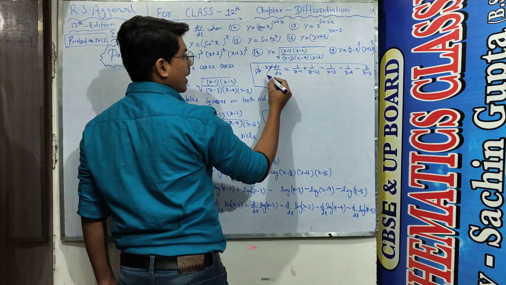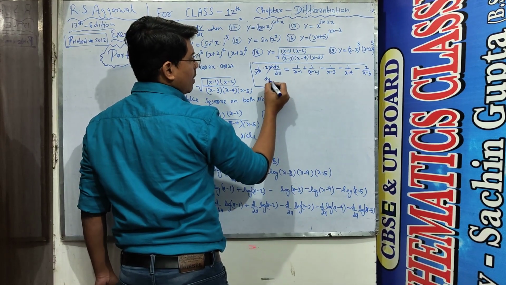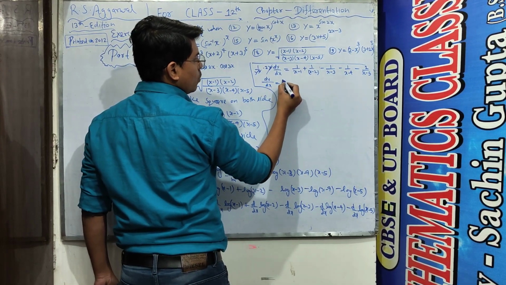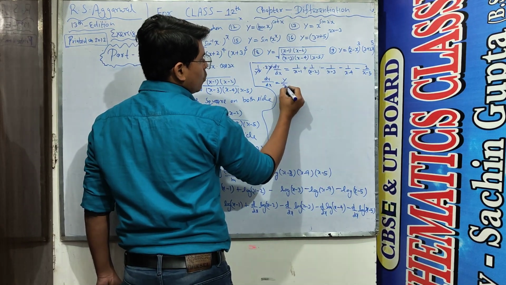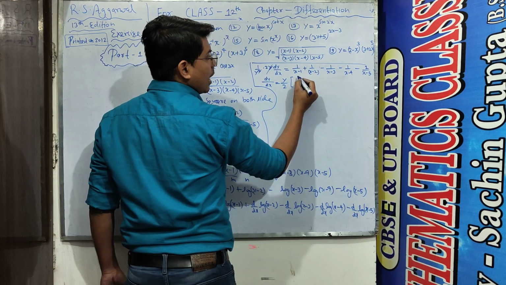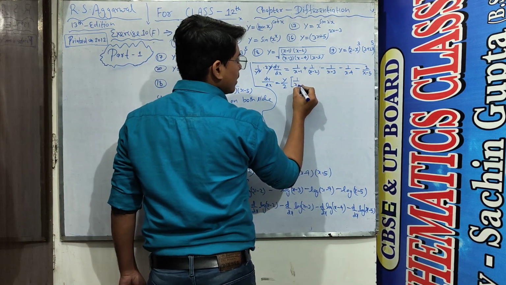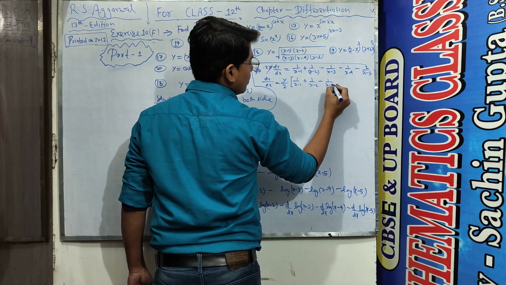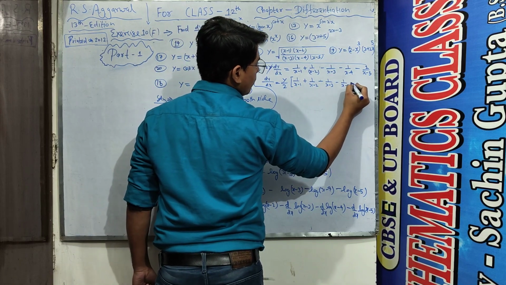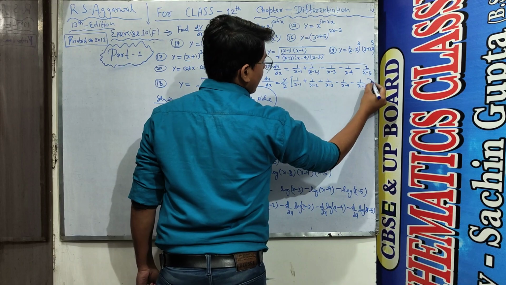Now this y and its power get cancelled, and the value of dy by dx is equal to y goes into the multiplication and 2 goes into the division, and these values come as well: 1 upon x minus 1 plus 1 upon x minus 2 minus 1 upon x minus 3 minus 1 upon x minus 4 minus 1 upon x minus 5.